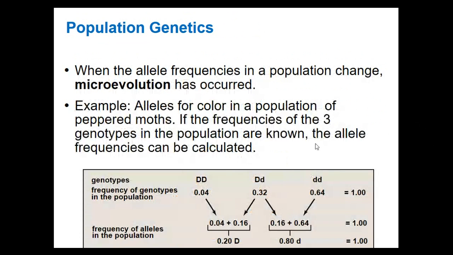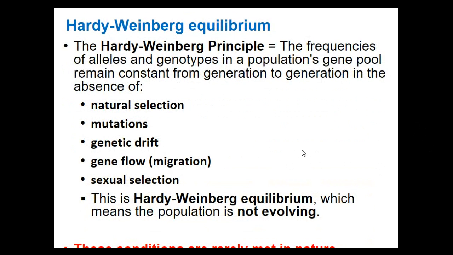Okay, some more words. Don't worry about the math on here. Just ignore that. You don't need to learn this. This Hardy-Weinberg principle is just that in order for evolution to occur in a population, there has to be at least one of these things happening: natural selection, mutations, genetic drift, gene flow, sexual selection.